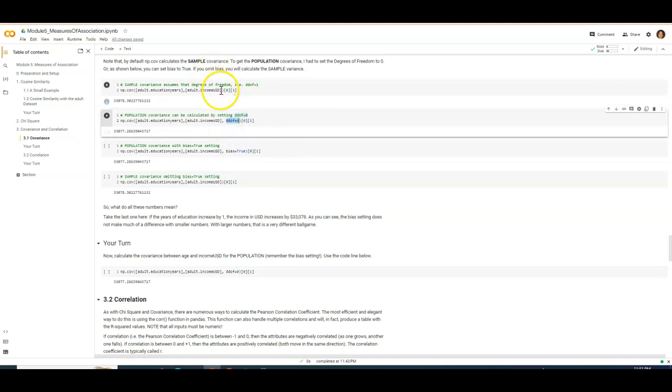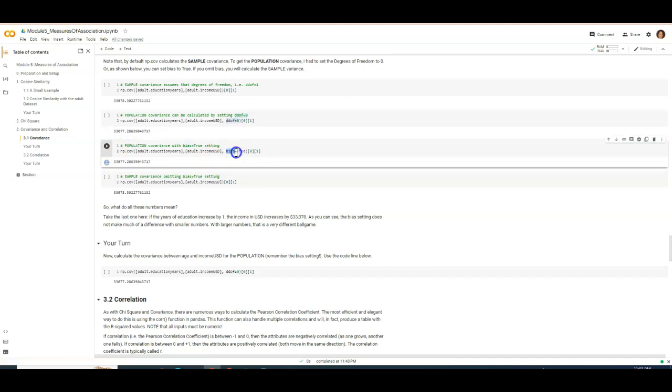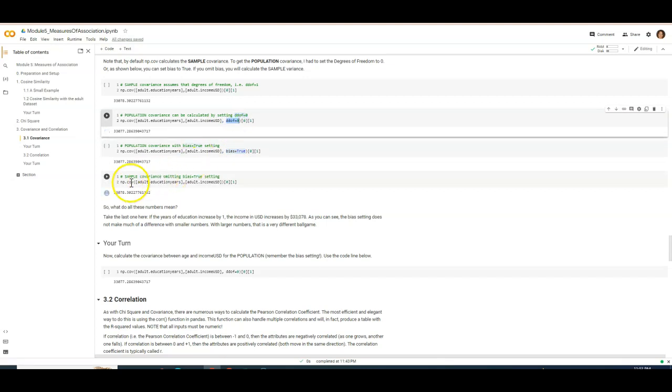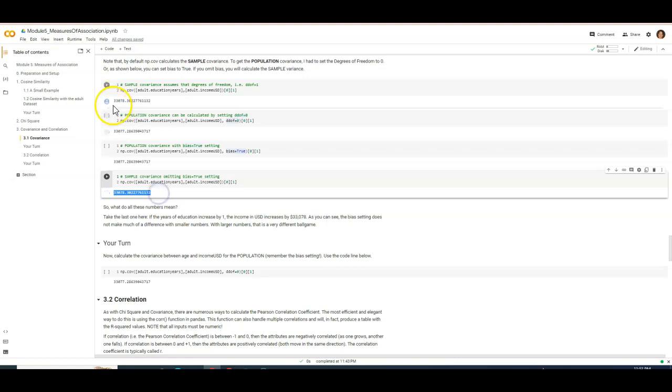So we're seeing that degrees of freedom is automatically by default set to 1. And the population covariance, if we set the bias to true, gives us the same result here. It's just a different way of writing it. And the same covariance is what we get when we omit the bias equals true setting, and that is the same as up here. That gives us the same result for the sample.